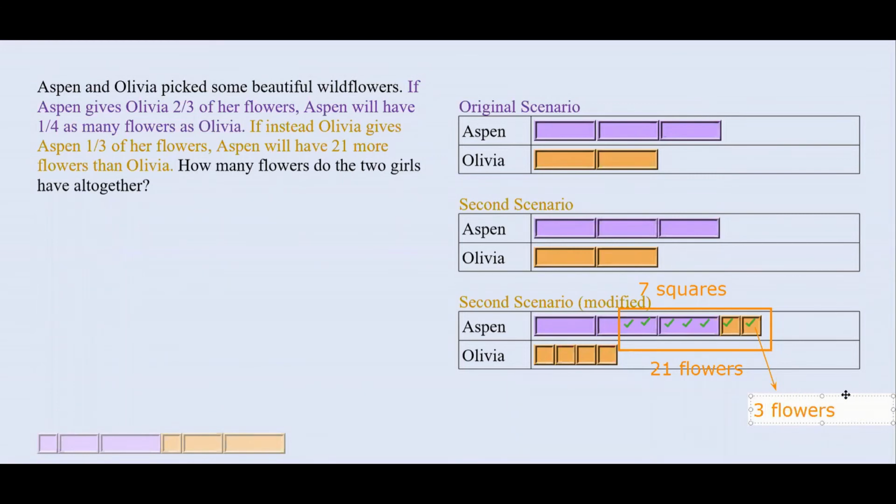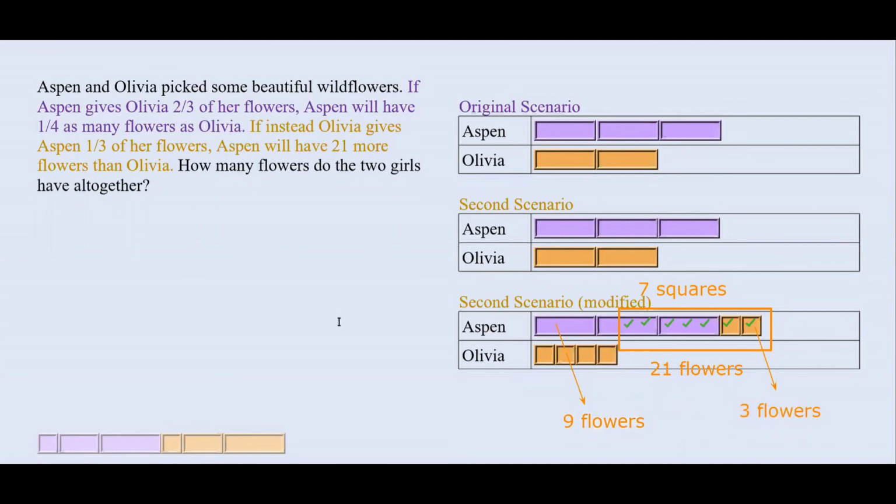If each square is worth 3 flowers, and each rectangle is comprised of 3 squares, then each rectangle will be worth 9 flowers. Okay, now we're almost done.